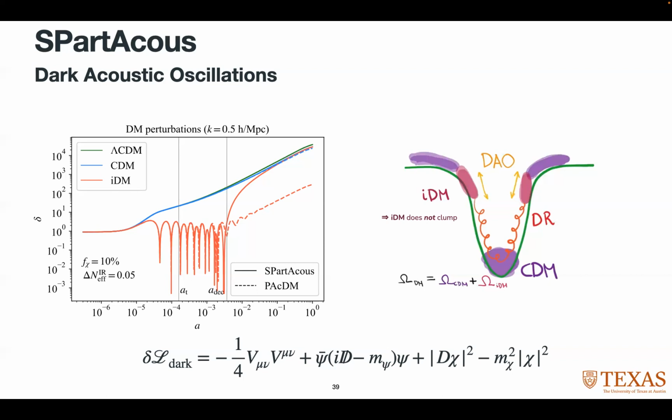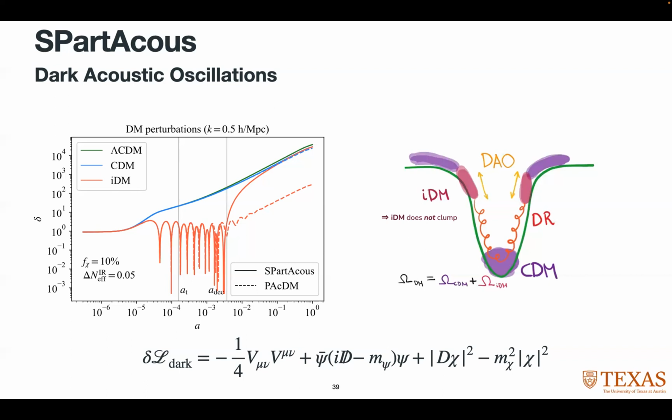After this cutoff, the interacting dark matter follows cold dark matter clumping, because there is no pressure because of the interaction, and only the gravitational interaction remains. However, for PAcDM there's no such cutoff, so it just keeps clumping.